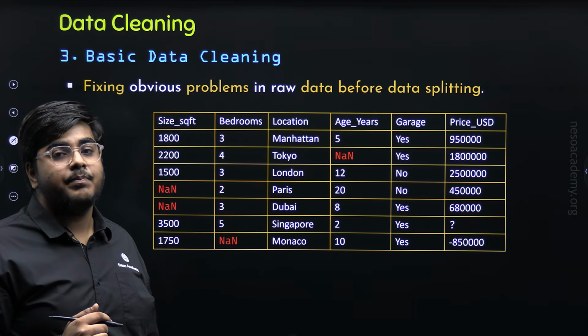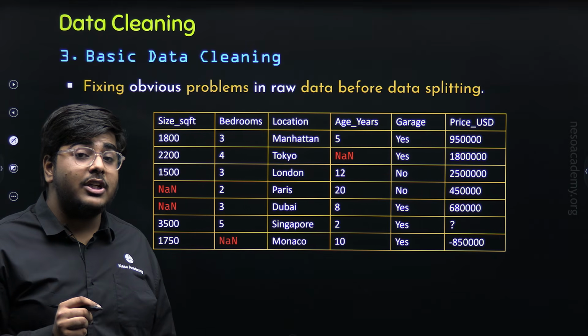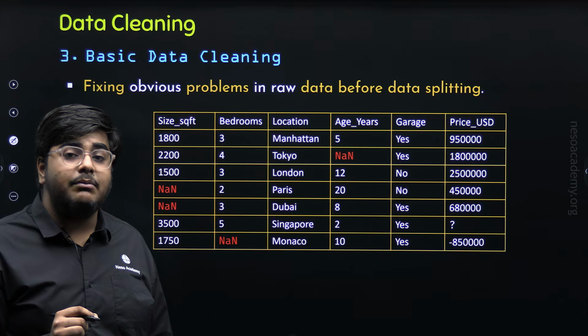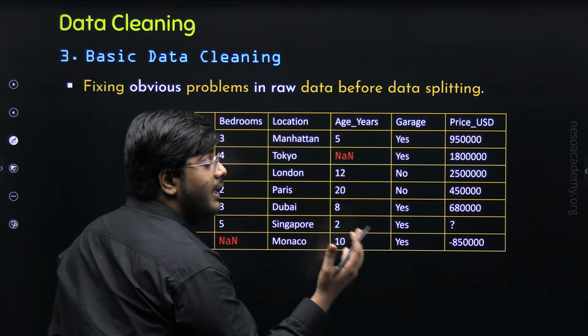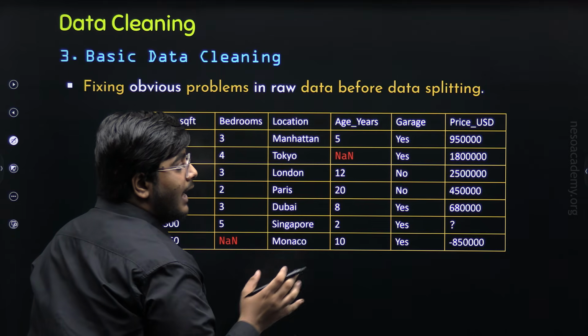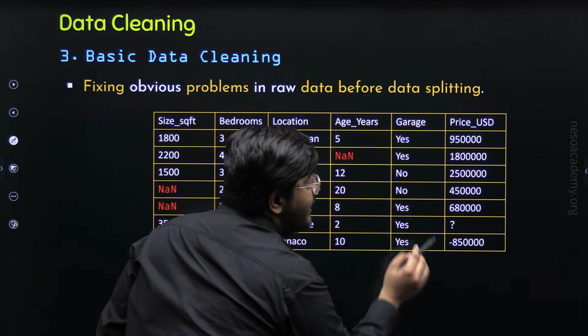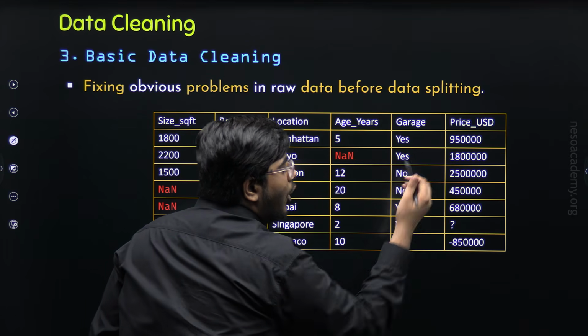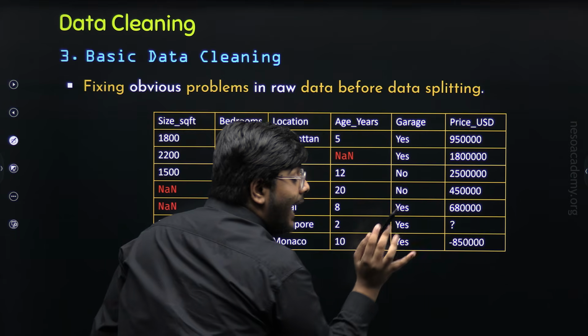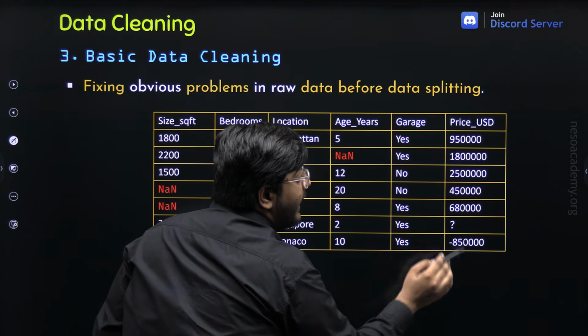Now, the last operation is to check the invalid labels. The price USD is the target variable or the label in this particular dataset, and you can clearly see these two are invalid labels because price USD or the label cannot be missing and the price can never be negative.